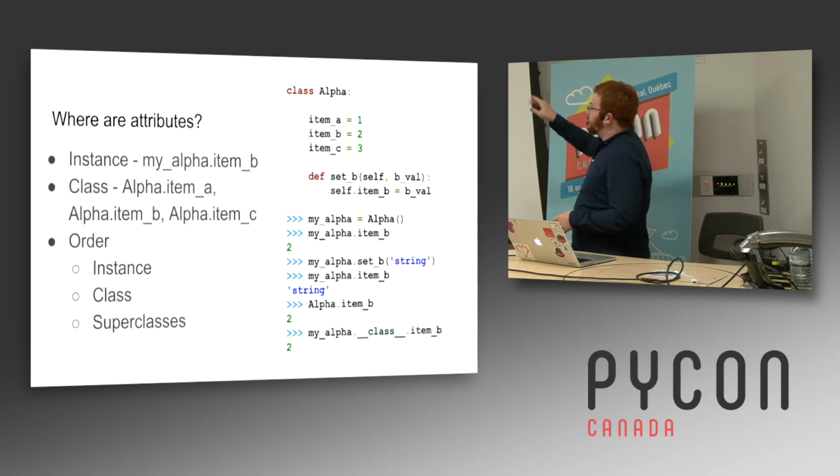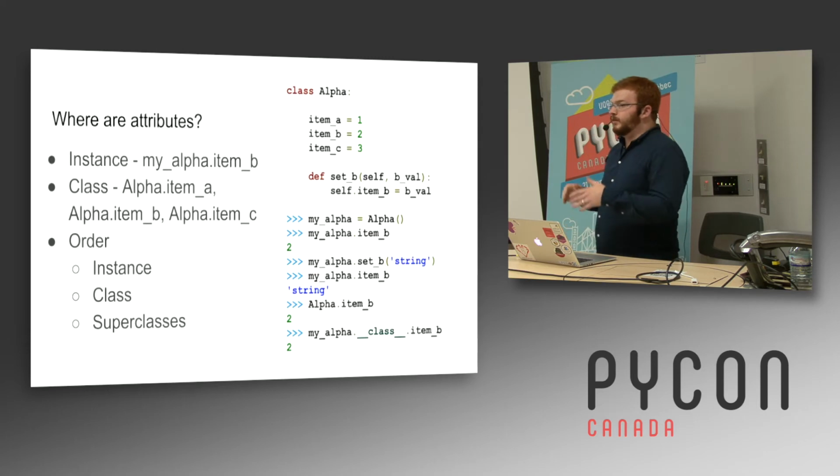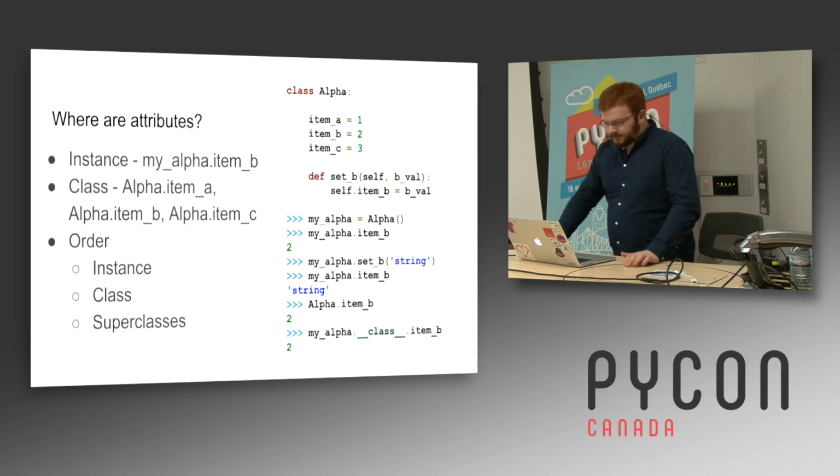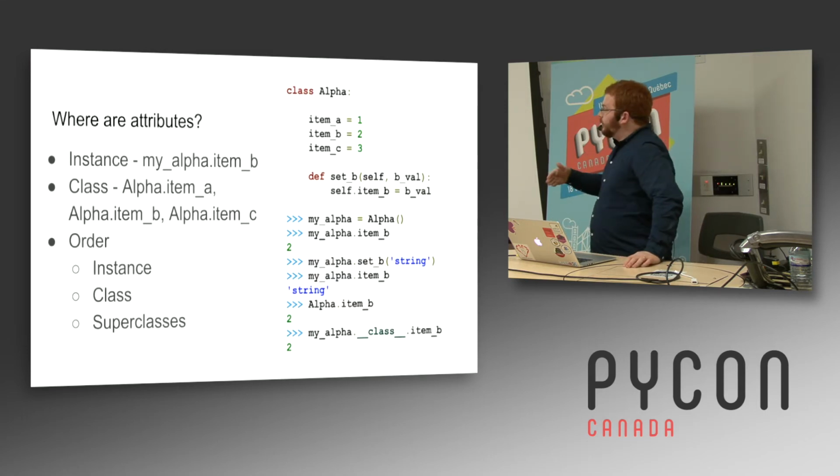This actually includes the method setB itself, because when we build a function that way, we're creating a function object, but we're also setting it to a variable name. So if I look in the dictionary for class alpha, there's an item setB with a pointer to that specific function. So the way we look for these items is that we first look in the instance dictionary to see if we can find it.